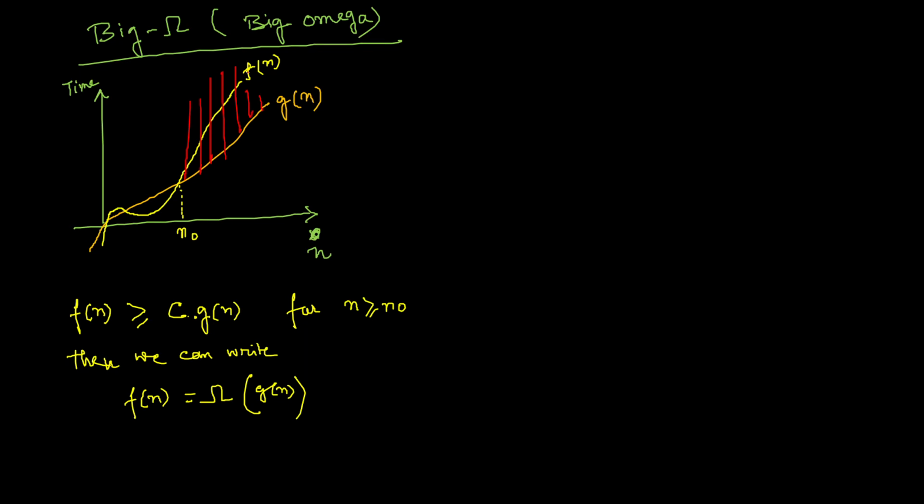Here we are restricting the lower bound of my program with respect to this class of function Gn. So this is what we call asymptotic lower bound. Am I clear?